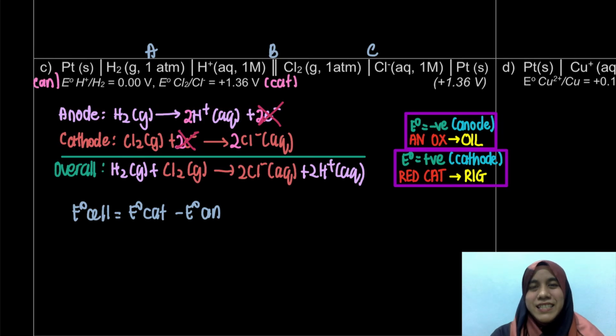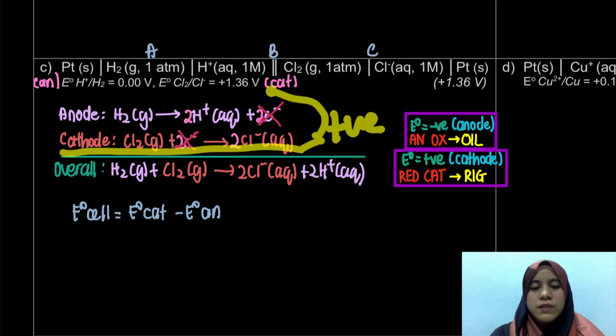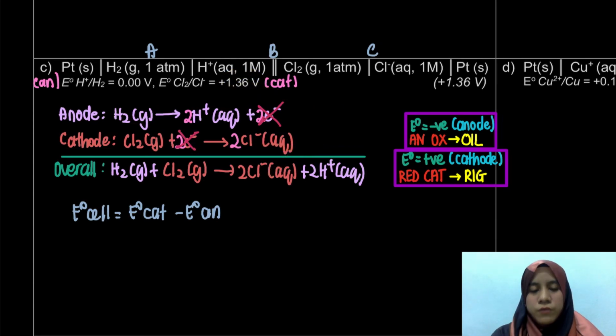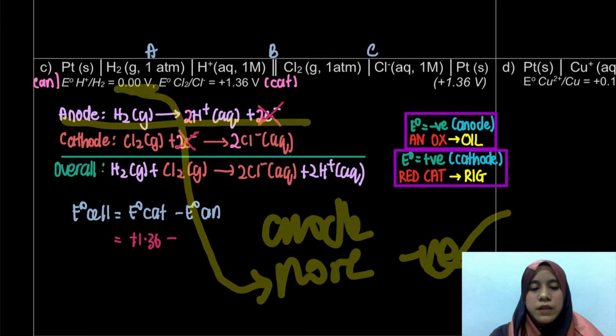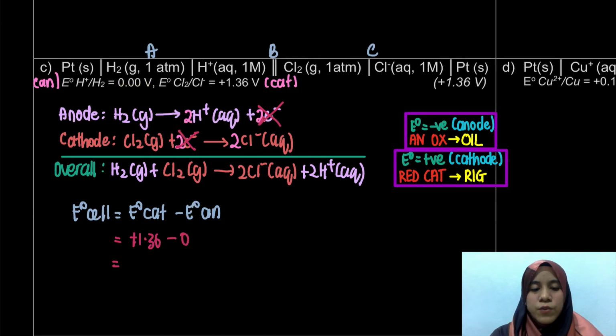So this is actually the SHE, so that's why the 0.00. Okay, so cathode, when we check it, is the same, the more positive one, our Cl2, and anode must be the more negative, and when we check it, it's our H2 as well. So just substitute the value, so we get 1.36 volt. Okay, so that is the solution for question C.